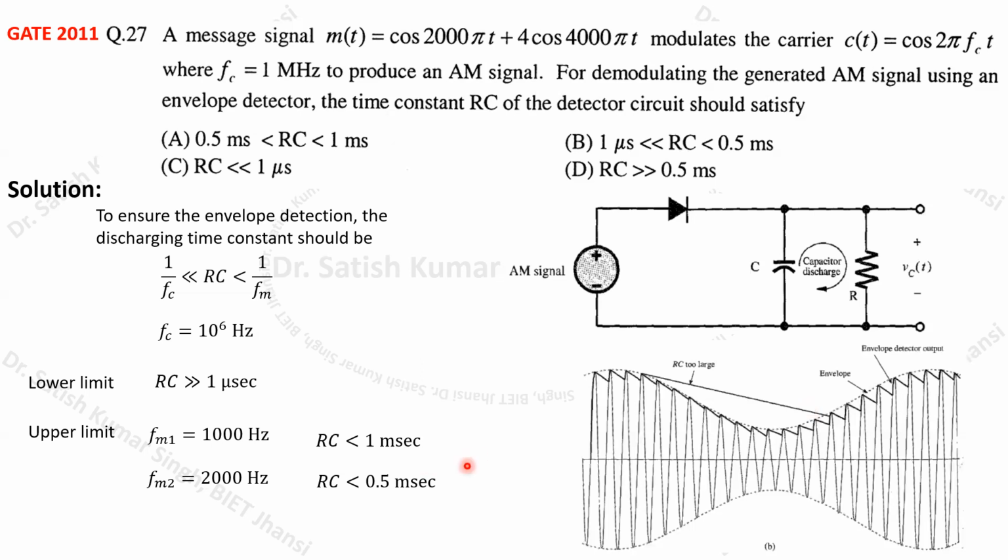So here you can see the condition: RC should be much greater than 1 microsecond, and RC should be less than 0.5 millisecond. Looking at the options, I think this belongs to option B, so this will be the right answer.